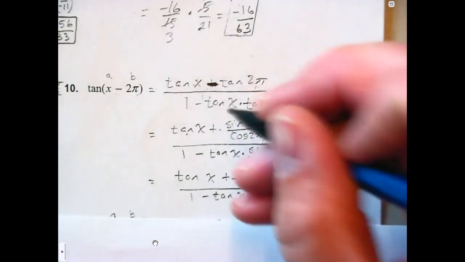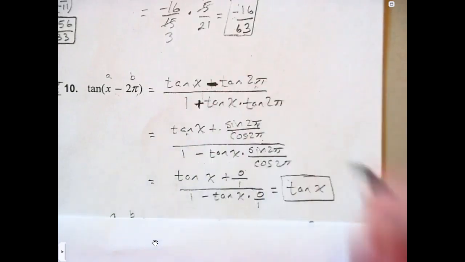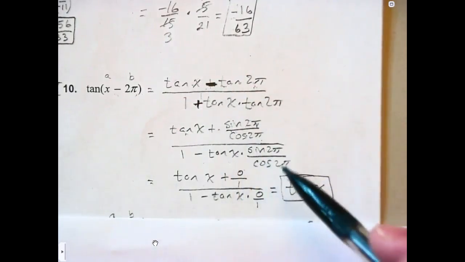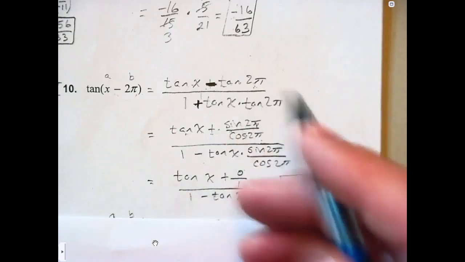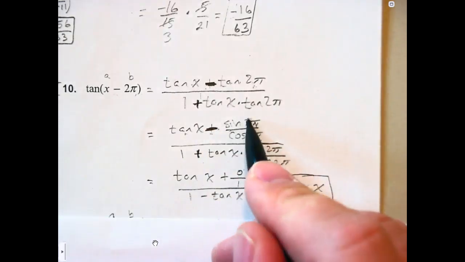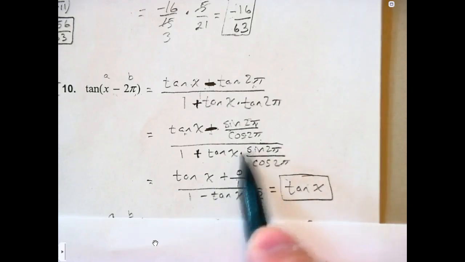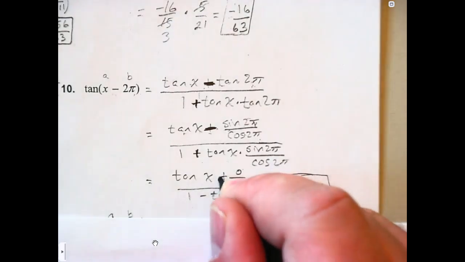Yes, this should be a plus here. That's me making a mistake on the adding, but it doesn't change the result of the problem, right? Because this is minus and that's plus, but this part becomes 0, and this piece becomes 0. So it ends up giving us the tan x. Okay, but yes, good question.